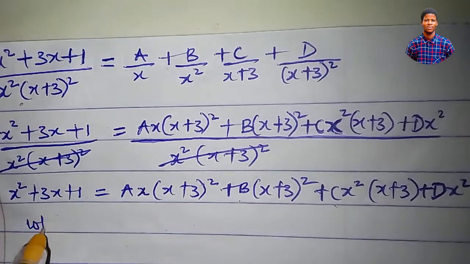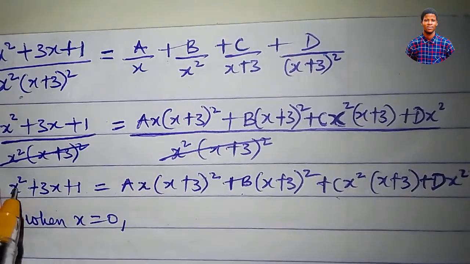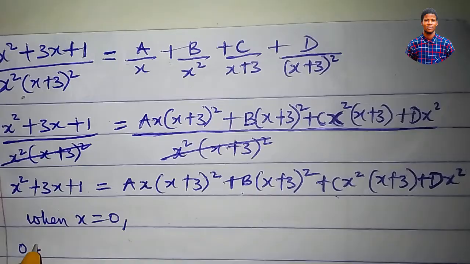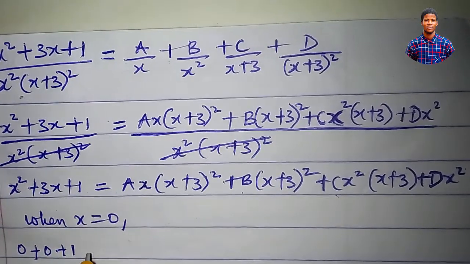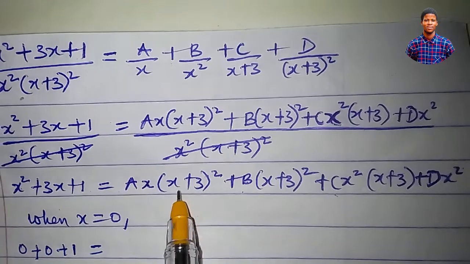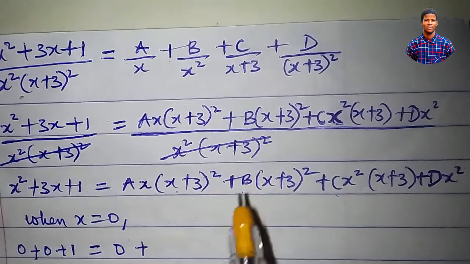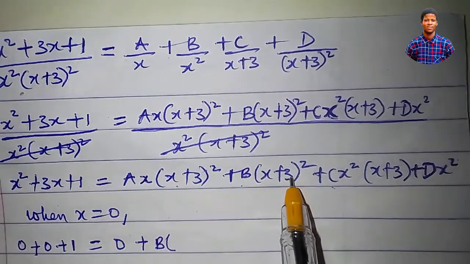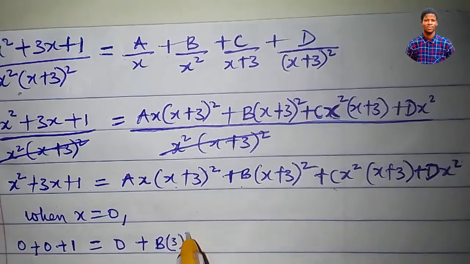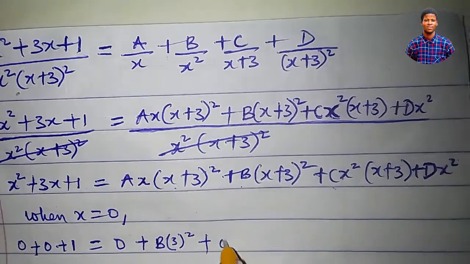So when x is equal to 0, I have 0 squared, which is 0, plus 3 times 0, 0, plus 1 is equal to 0 plus, this is b, in bracket, 0 plus 3 is 3, that's 3 squared, plus, this is 0, this is 0, so 0, 0.